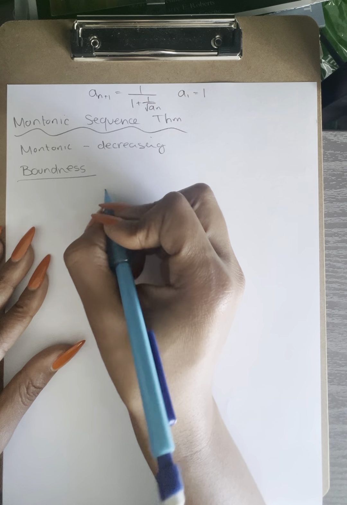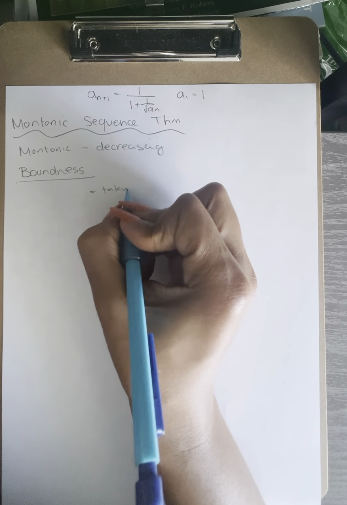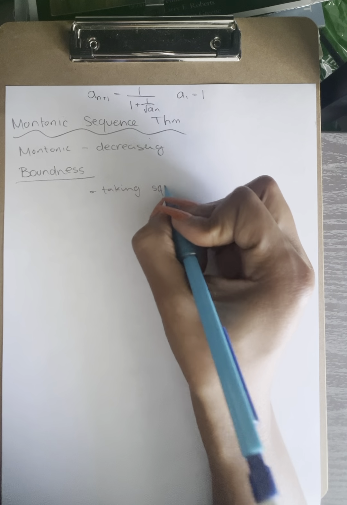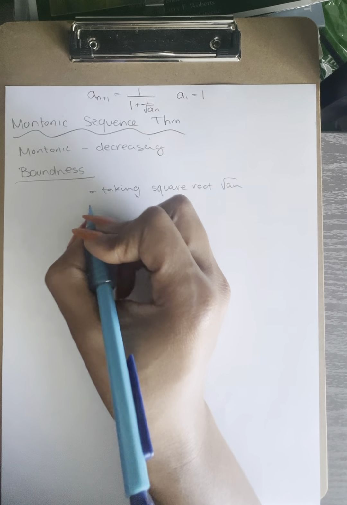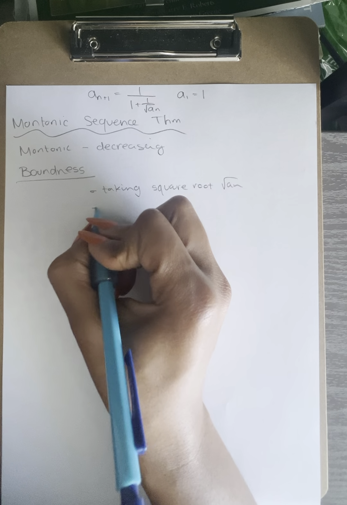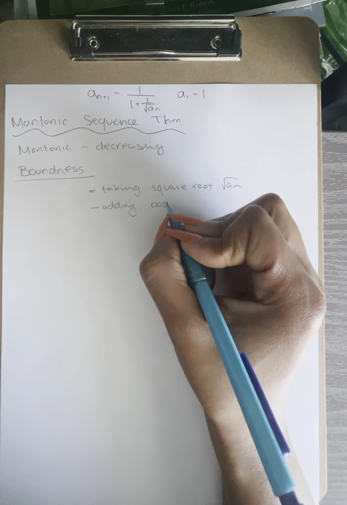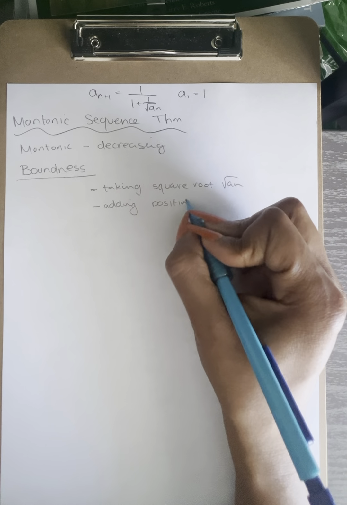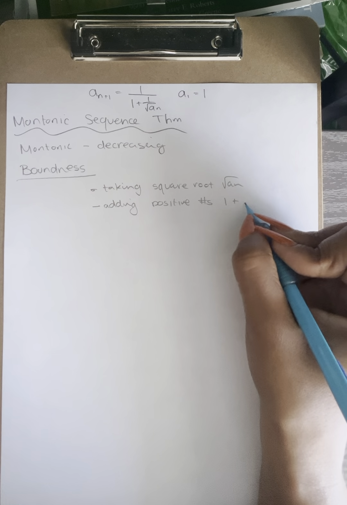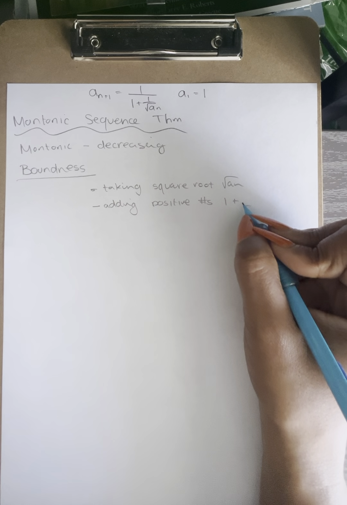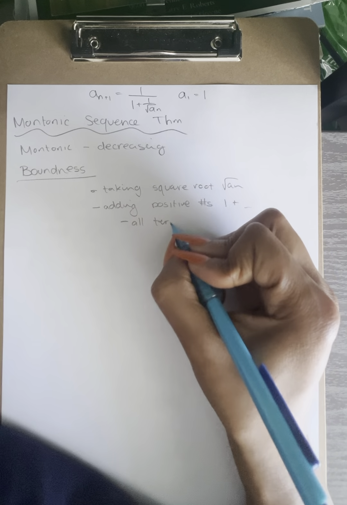Now, I'd like to say that because I'm taking square roots, and I'm only adding positive numbers, 1 plus blah, blah, blah, I know that all of the terms of my sequence will be positive.